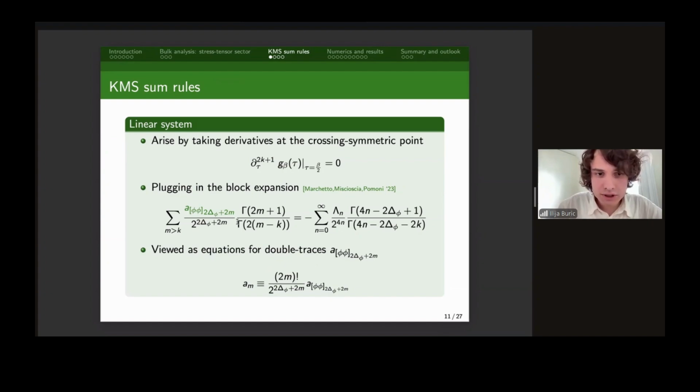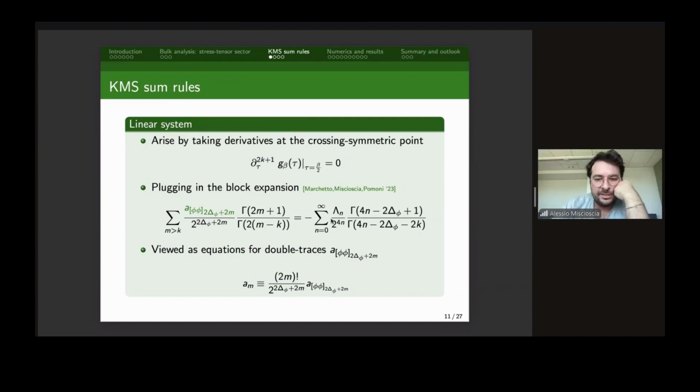And if you assume this holographic spectrum, consisting of double traces and stress tensors, then this system takes the following form. I took on the left-hand side all the double traces, and on the right-hand side all the stress tensors, and I will consider the stress tensors as known and double traces as variables that I wish to solve for. So this is an infinite system of equations, because for each k, this is the k that appears in the order of the derivative, you get one equation.